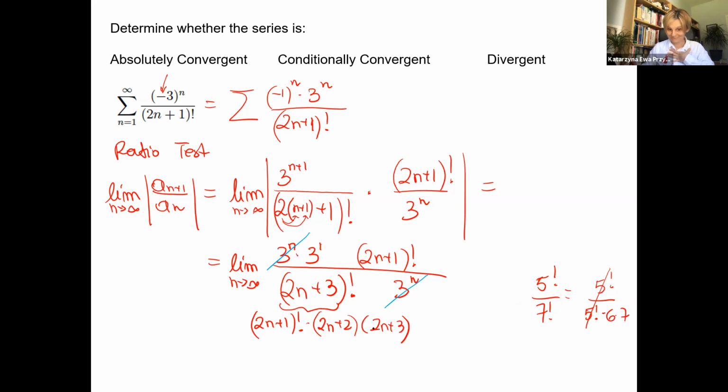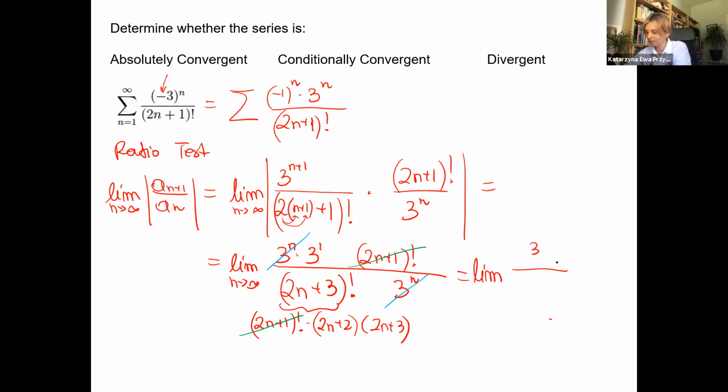I hope that makes sense. And now we can cancel out these because they are identical terms. Okay, and what's left? Let me write here. We will have 3 on the top, and we will have (2n+2)(2n+3).